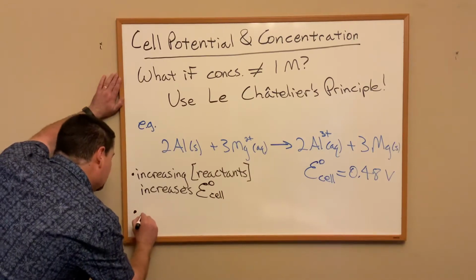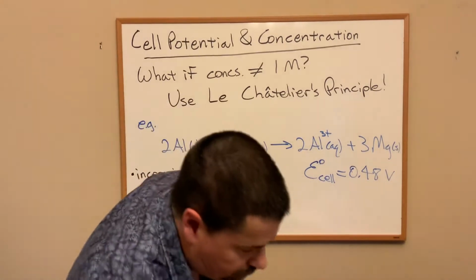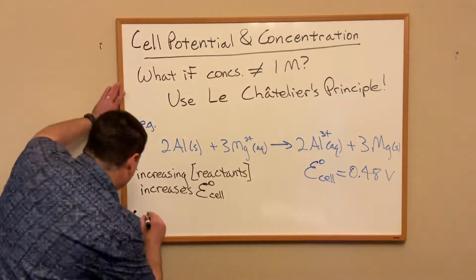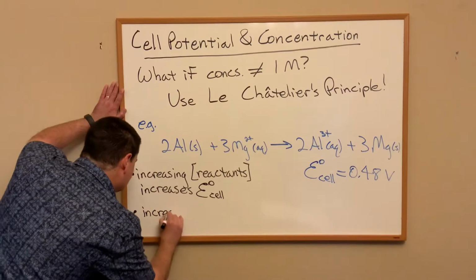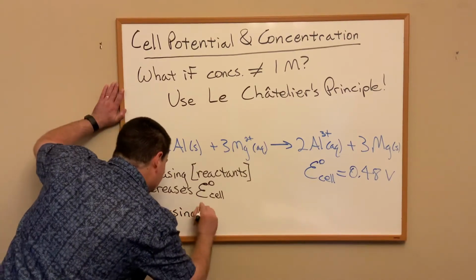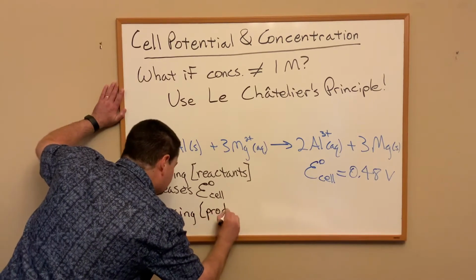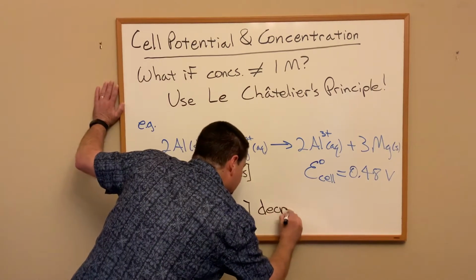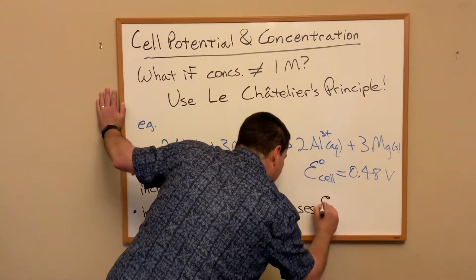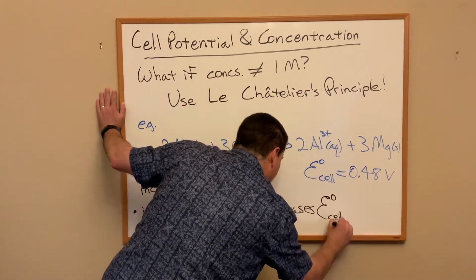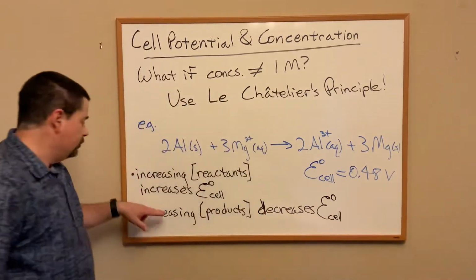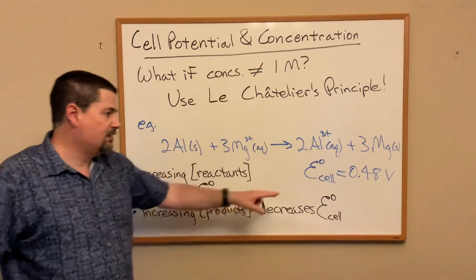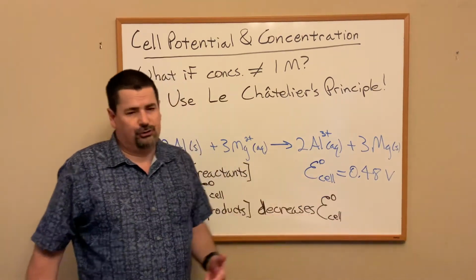And if I increase the products, increasing our concentration of products will drive the reaction back towards the reactants and result in a lower cell potential.